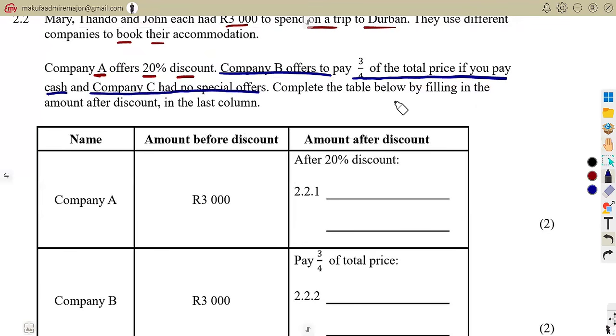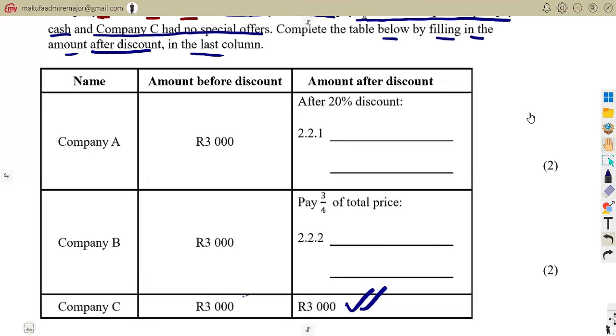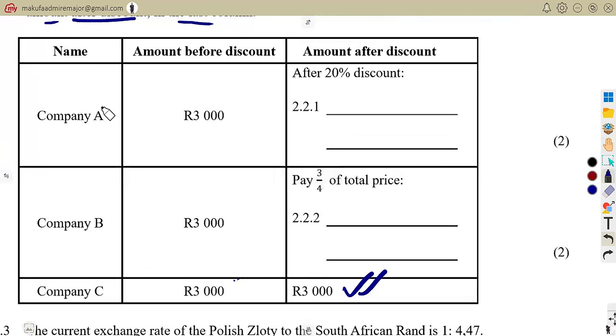They are saying, complete the table below by filling in the amount after discount in the last column. Company A is giving a 20% discount out of the 3,000 which was paid. So we're going to find 20 over 100 times 3,000, the amount that was being paid.